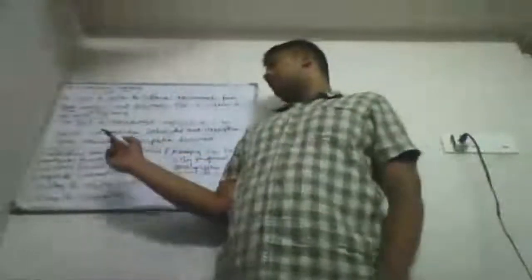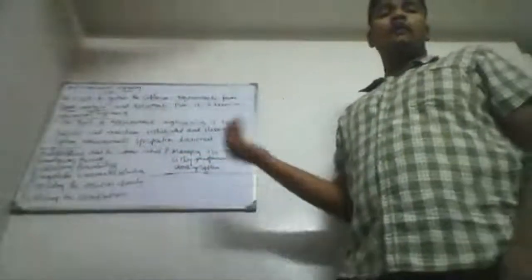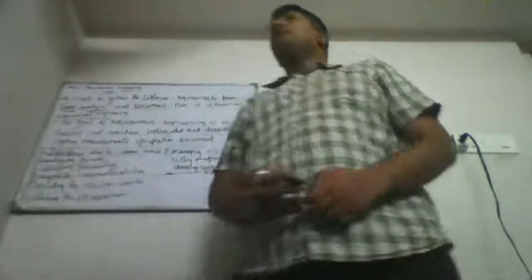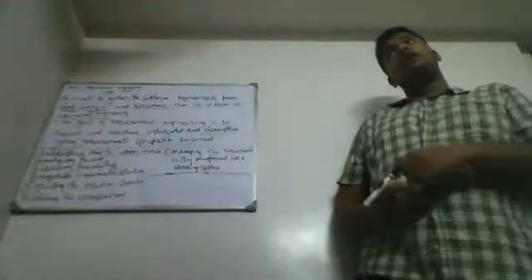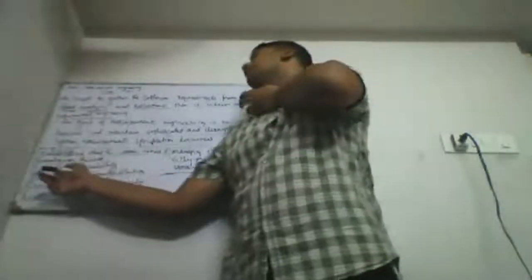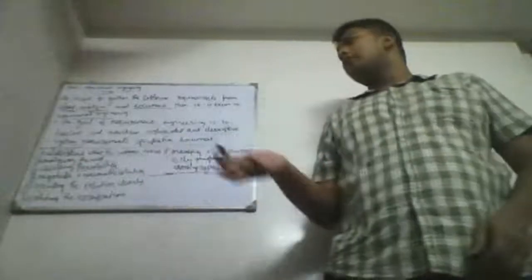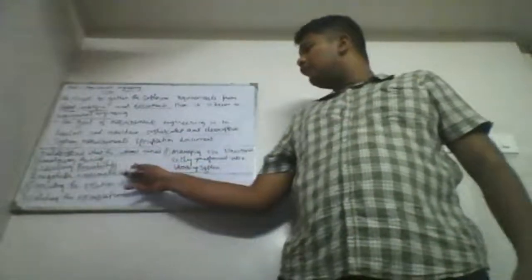So these are the requirement engineering objectives. Listen, understand what the customer desires. Analyzing the need means analyzing what we are doing. Assessing feasibility means whether we can do it. Negotiating a reasonable solution that we can do.